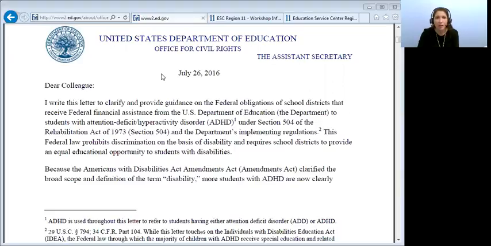This federal law prohibits discrimination on the basis of disability and requires school districts to provide an equal educational opportunity to students with disabilities."